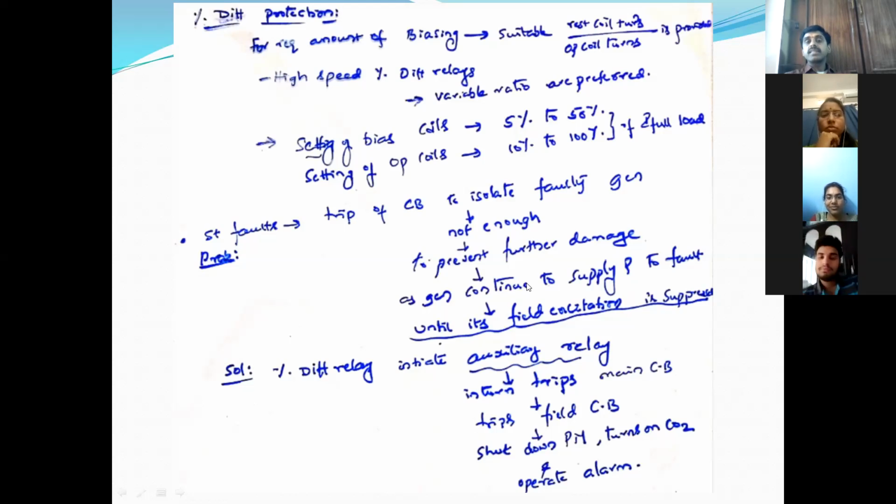That's why I have to disconnect the field supply also. For that case, the field circuit breaker must also be operated when the main circuit breaker operates. An auxiliary relay will be used, which shuts down the prime mover, turns on CO2, and operates the alarm. From that, we'll come to know the condition.